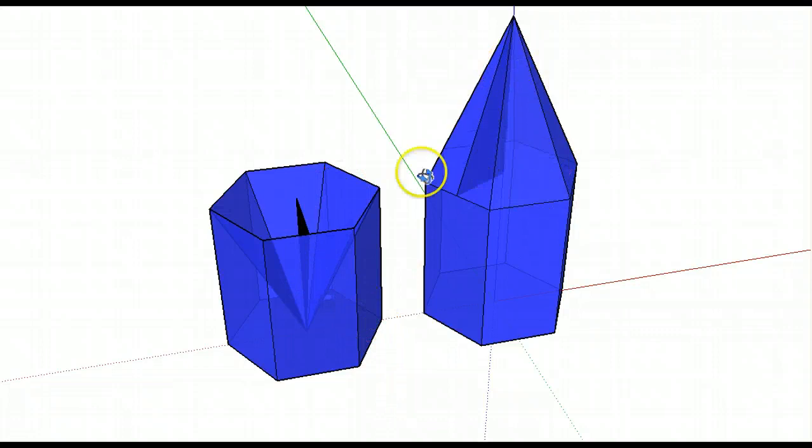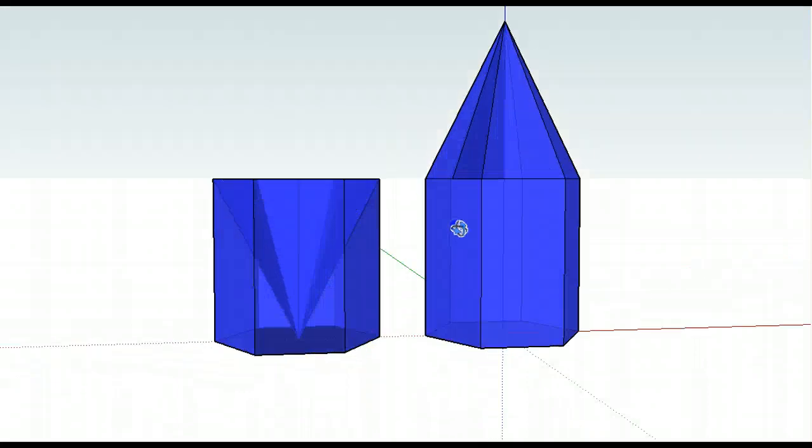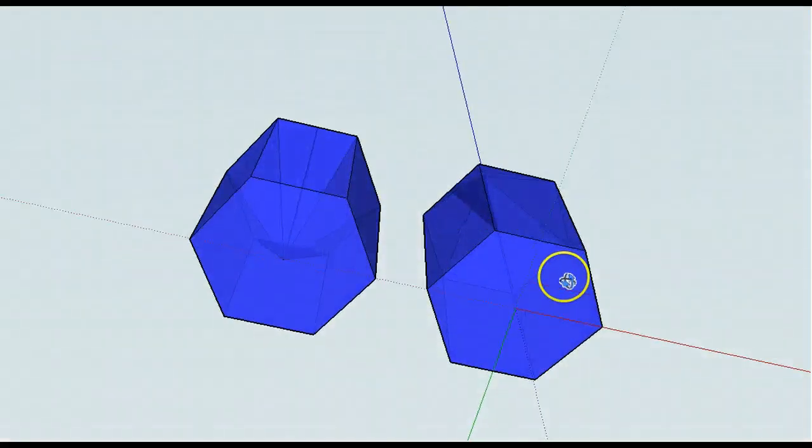Well, all of these triangles and all of these triangles are going to be the lateral area of my pyramid, and all of these rectangles will be the lateral area of my prism, and the hexagon on the bottom will be the area of my base.